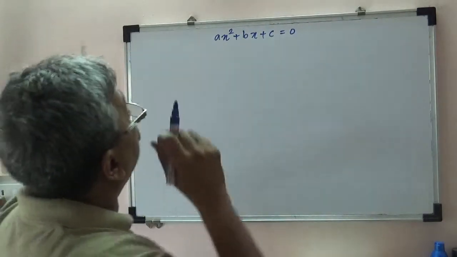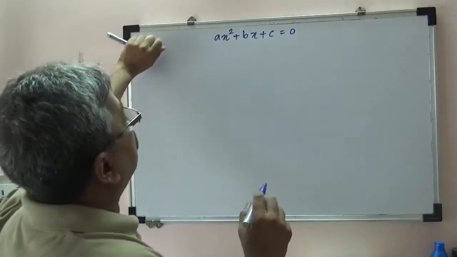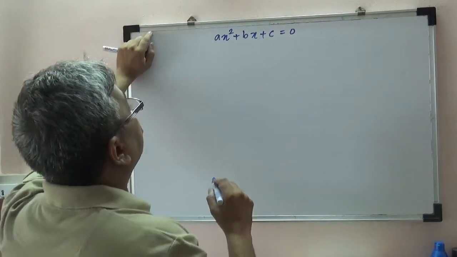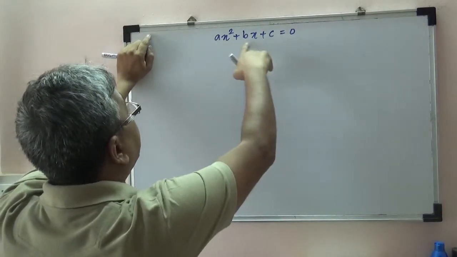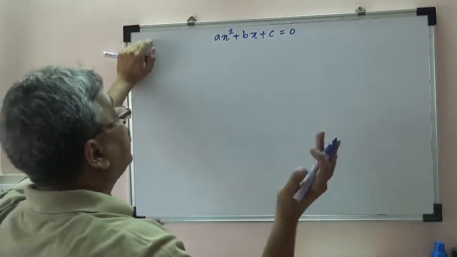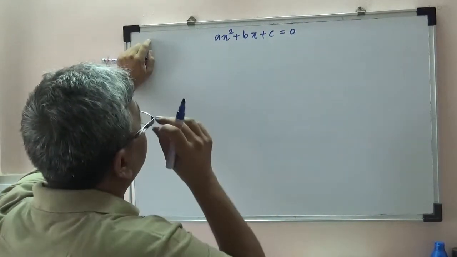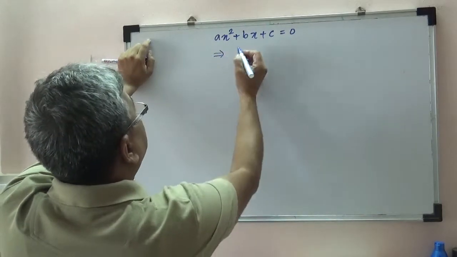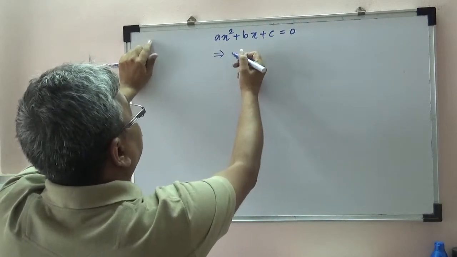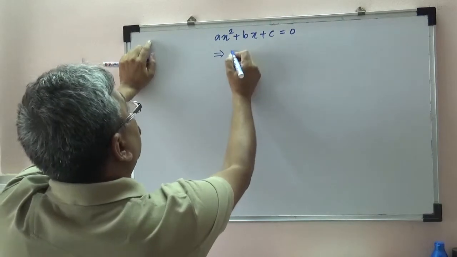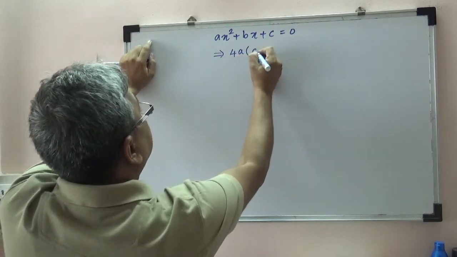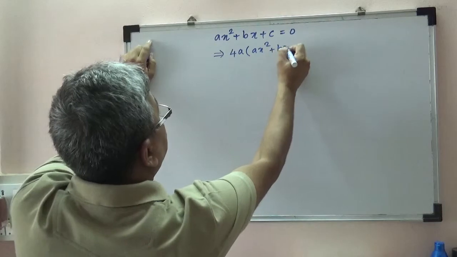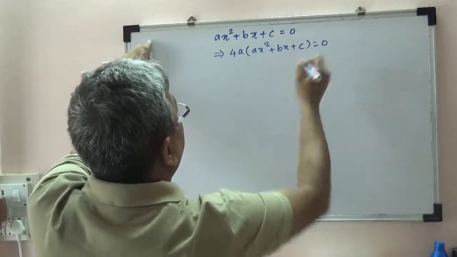So now I am going to go with the method of completing the square, and because these a, b and c are not known to me, I really do not know how to complete the square. But then I have a method. What I do is I multiply by 4a times ax square plus bx plus c is equal to 0.